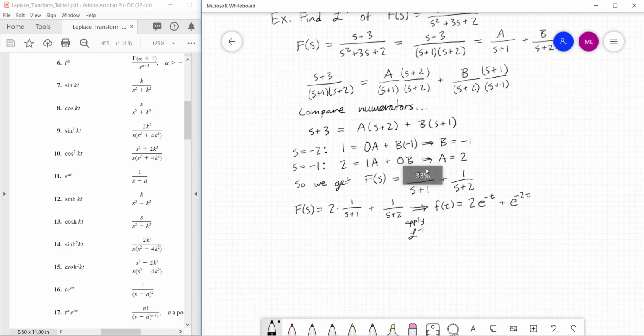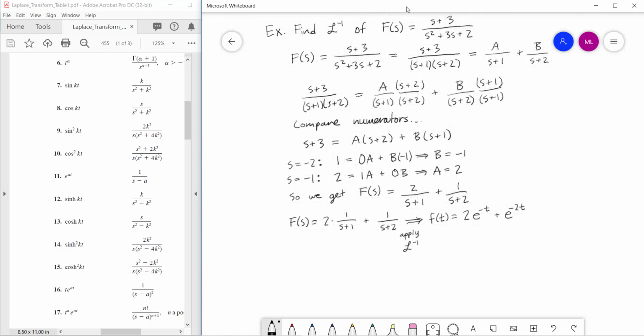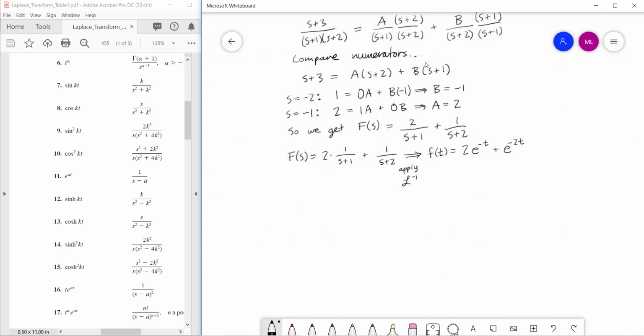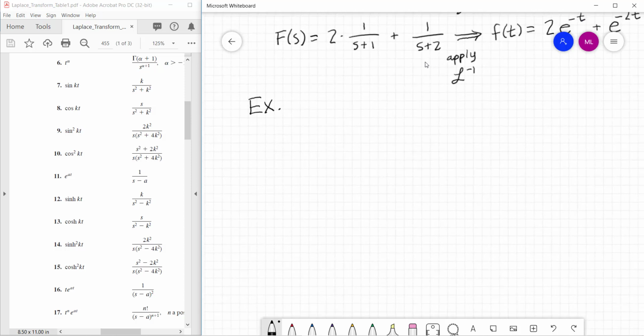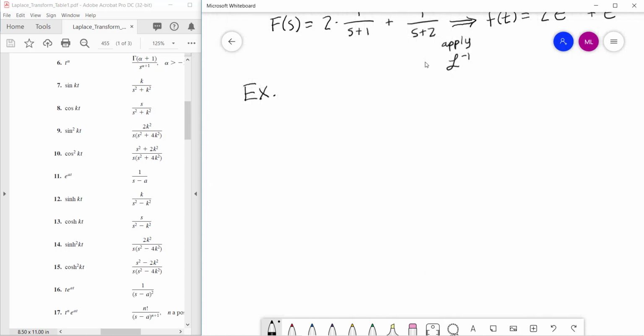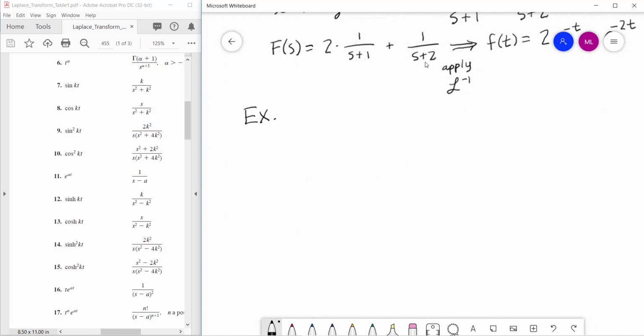So that is the easy case, when we get nice linear factors in the denominator, and they're distinct. What happens if we get repeated factors? So let's take a look at that. Let's say that I wound up with something that we recognize to be the following.